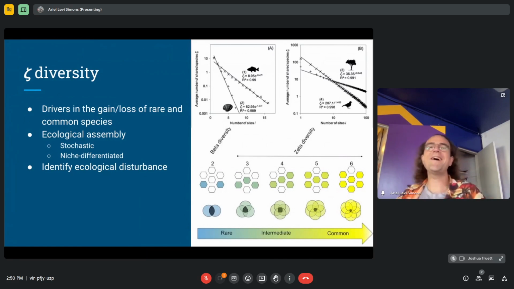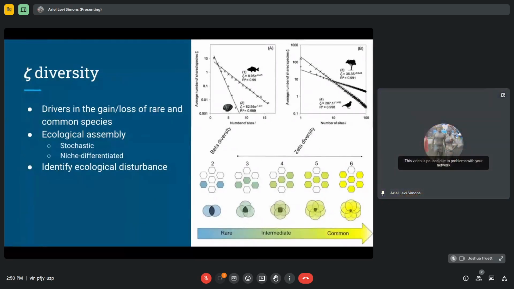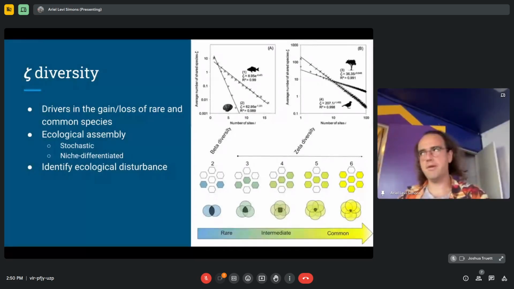Zeta diversity. All right. So we talked about alpha and beta diversity. But what if you want to do this, essentially applying set theory to ecology, which allows you to do nth order simultaneous comparisons between locations for biodiversity.